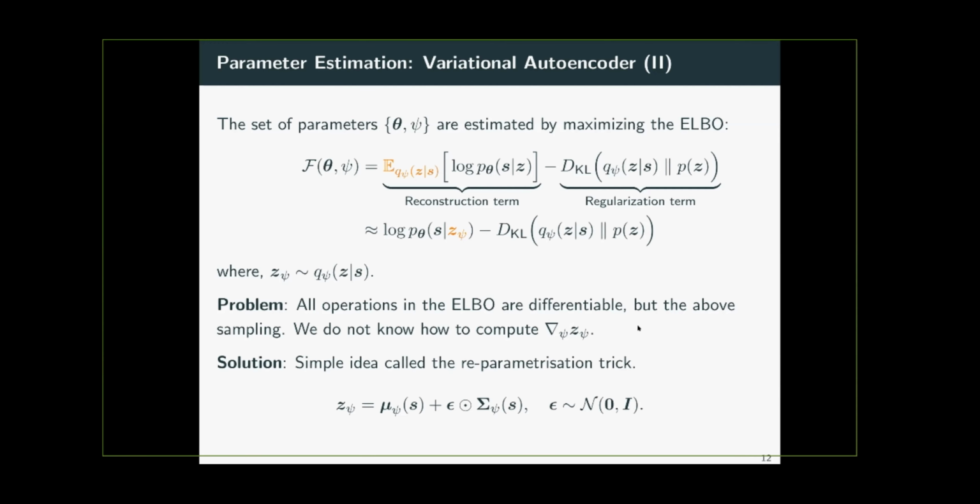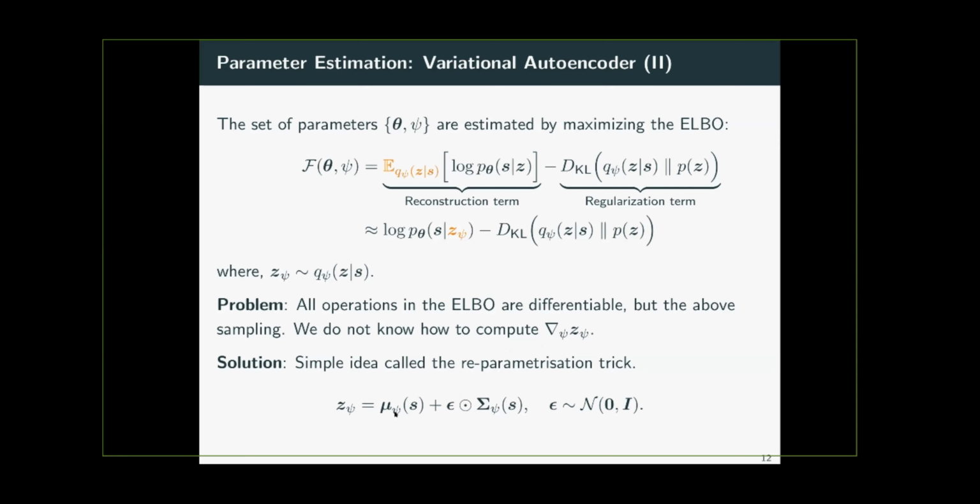Okay, so we use something different. We use the so-called reparameterization trick. It's a very simple idea. Basically, now I'm sampling from a standard multivariate Gaussian, and then I'm multiplying by the square root of the covariance matrix. There's a small mistake here. And then I am adding the mean. And now we decouple the sampling operation from the parameters, which are computed by the network.